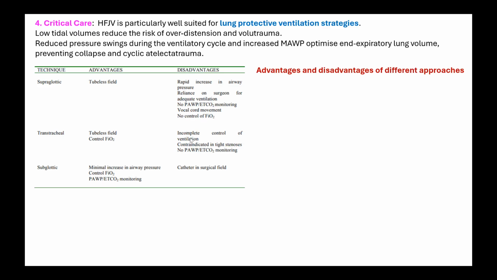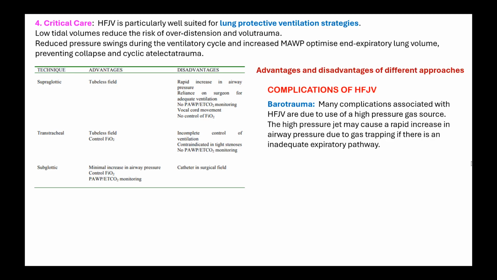And transtracheal, incomplete control of ventilation because you are passing a small catheter through that, and it is contraindicated in tight stenosis cases, and it is not possible to monitor the airway pressure or the ETCO2. And in the subglottic, there will be a small catheter in the surgical field, which some surgeons may feel as a hindrance, because they feel that ventilation from above the glottis will allow them to have a clear view of the diameter of the trachea and the bronchi they want to reconstruct.